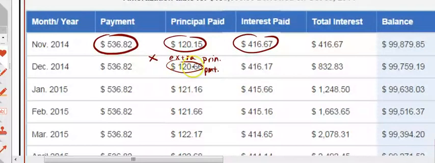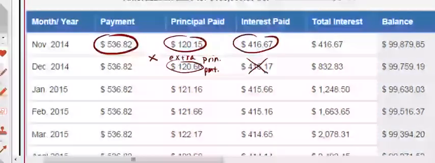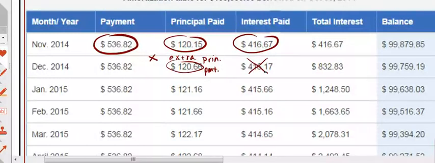And by making next month's principal payment, you wipe out the $416.17 that you would have paid in interest next month. Now you can't skip next month's payment, but you skip next month's total interest.